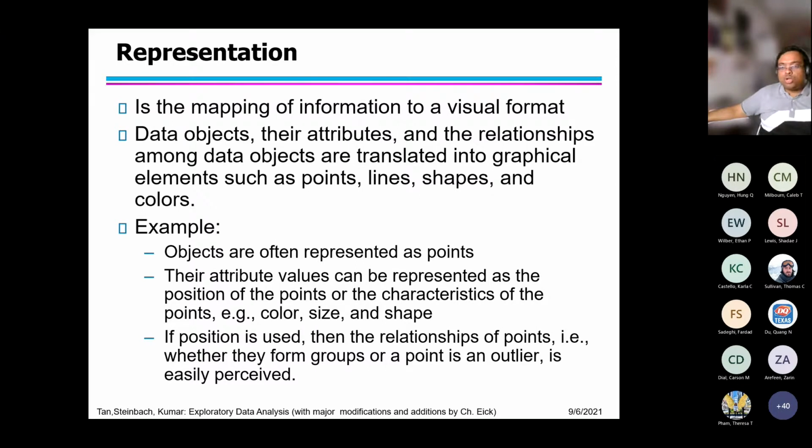Another thing is you need to combine similar attributes together, right? So if you want to detect outliers from your attributes, then your data points are very easy to represent as points, right? Points are very easily seen as outliers as compared to more complicated shapes or lines. If you draw everything as continuous contour lines, it's very difficult to figure out where the outliers are as compared to discrete points.